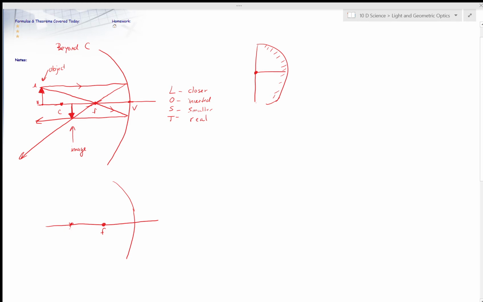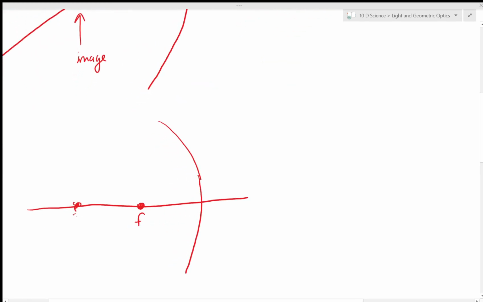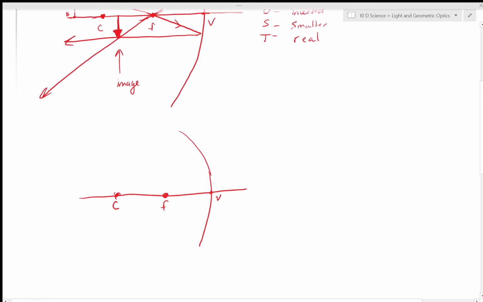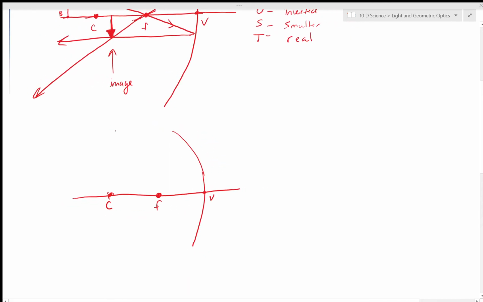The point where the mirror crosses the principal axis is called our vertex. The next one that we're going to draw is going to be at C. So we're going to place our arrow at the center of curvature, sitting right on that center of curvature point.